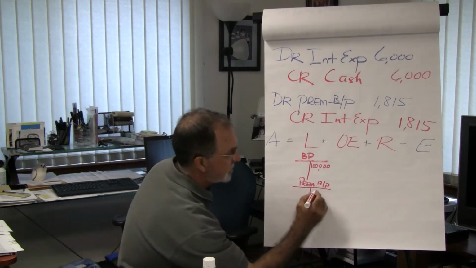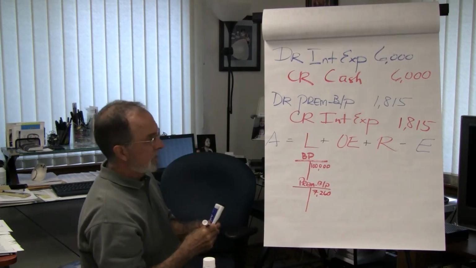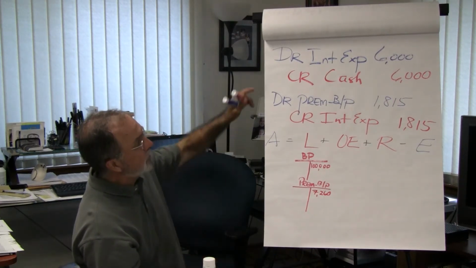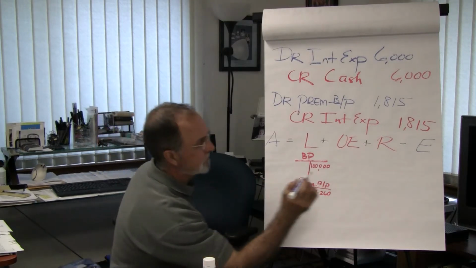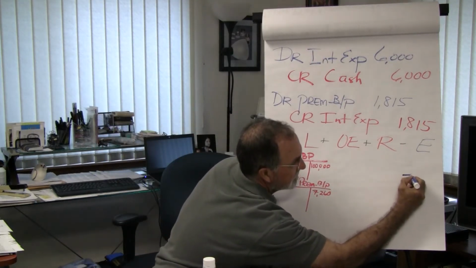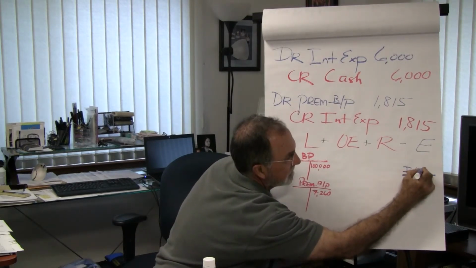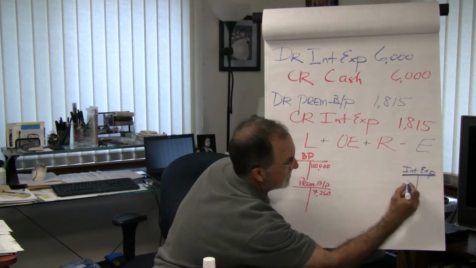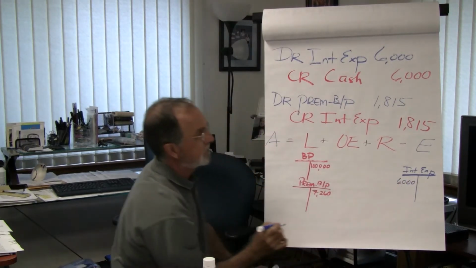And again, that amount is a credit, $7,260. And so when we make this entry for the first payment of interest, we will debit interest expense for $6,000.